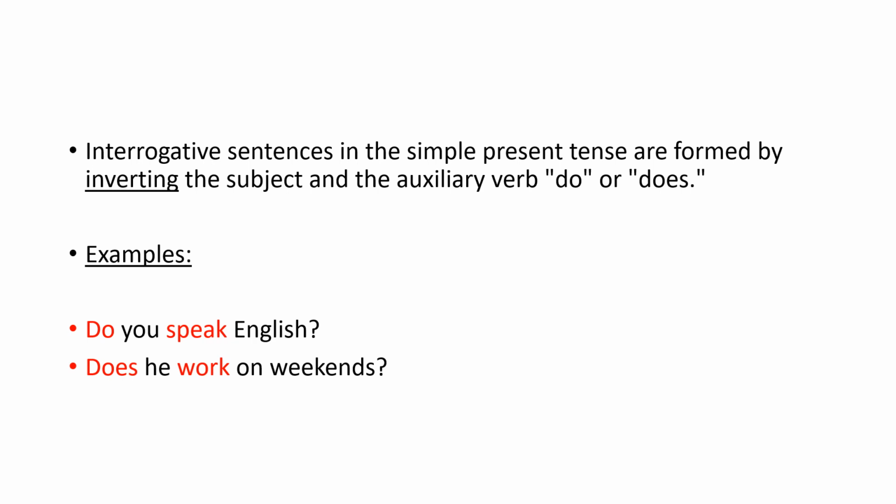In interrogative sentences, the subject and auxiliary verb are switched. Do is used with I, you, we and they, while does is used with he, she and it. This form allows us to ask questions about actions and states in the present.